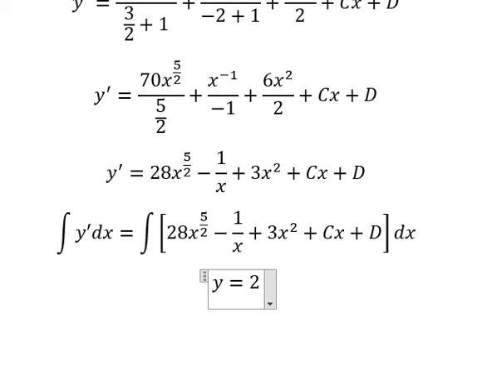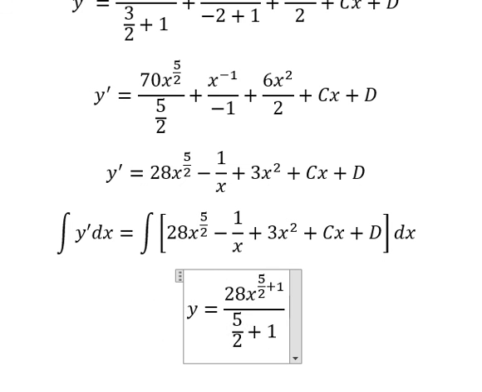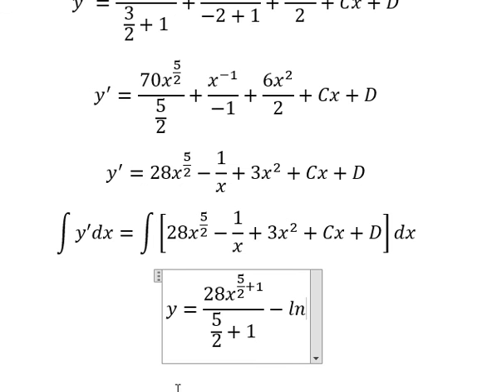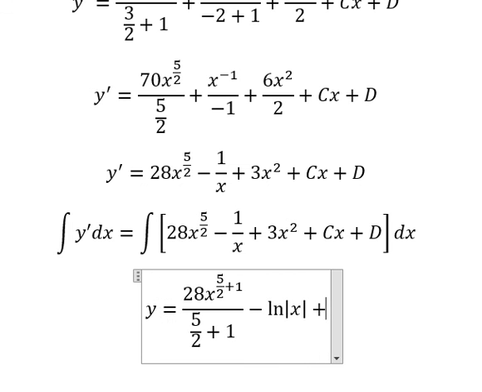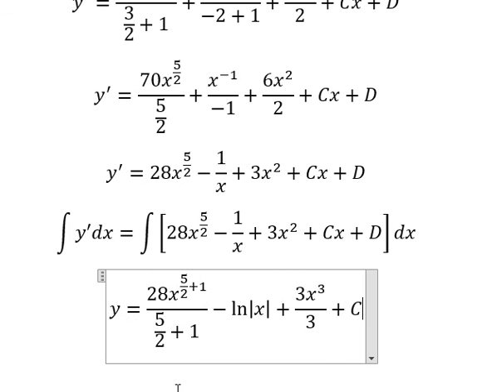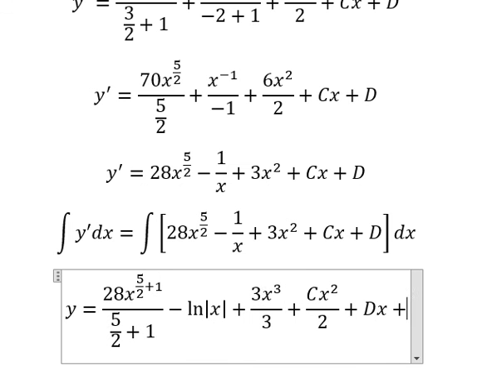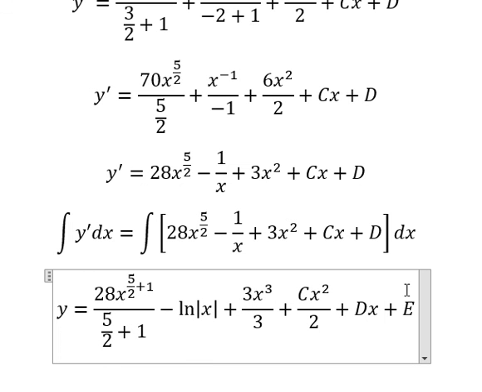So we have 5 over 2 plus 1 over 5 over 2 plus 1 minus ln of the absolute value of s. And we have s to the power of 3 over 3 cs squared over 2 ds. And we have e, that's the third constant in here.